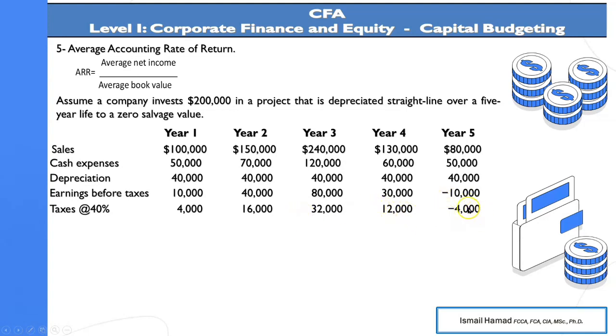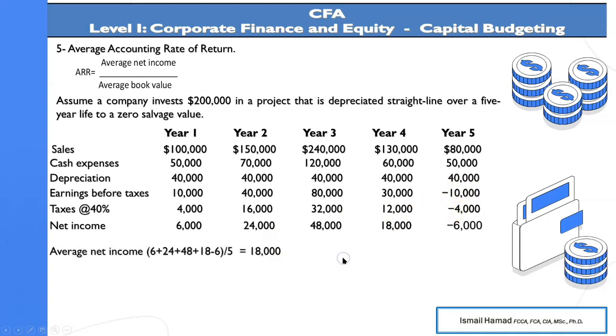That means it is a tax credit, and it will minimize the loss from 10,000 earning loss to 6. Let us see the net income, and now the net income is only 6,000, not the 10,000 because of the tax credit. The average net income is normal.